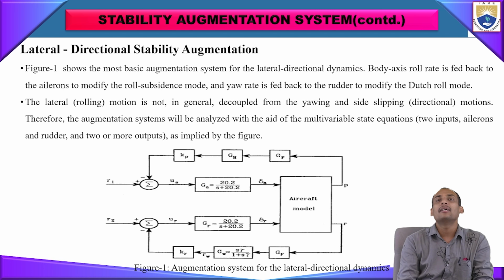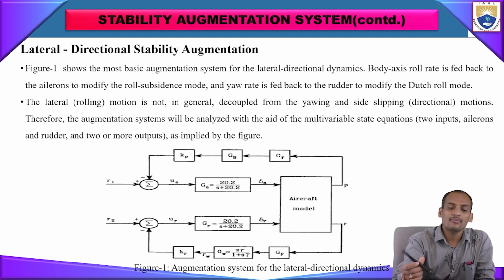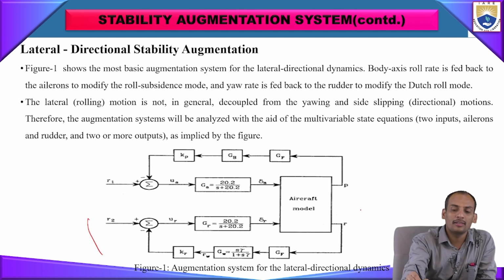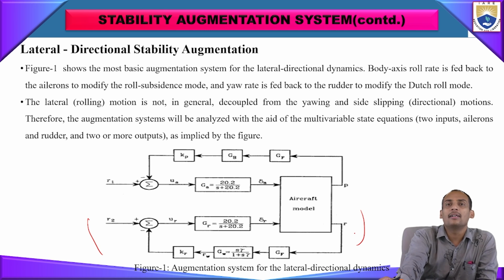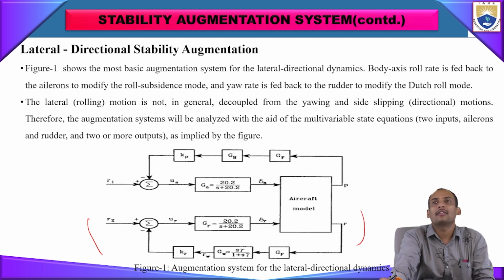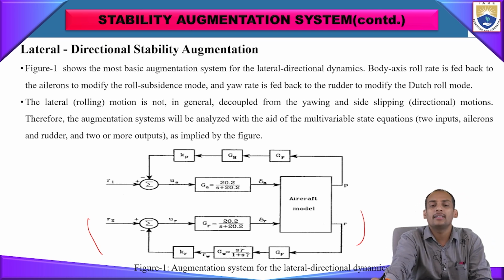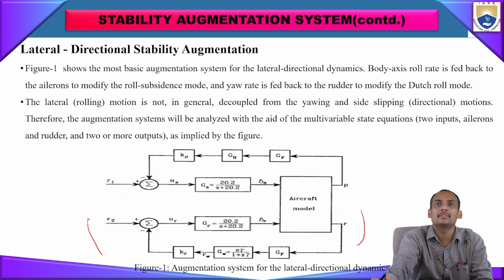Here you see the figure, a block diagram of a lateral and directional SAS system. In the basic augmentation system for lateral and directional control, the body axis roll rate is fed back to the ailerons to modify the roll subsidence mode, and the yaw rate is fed back to the rudder to modify the Dutch roll mode.